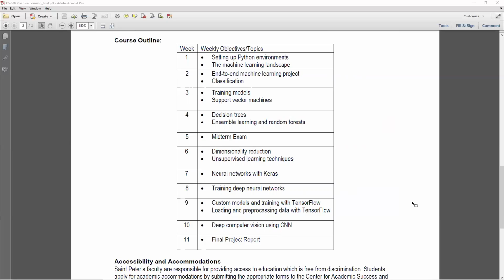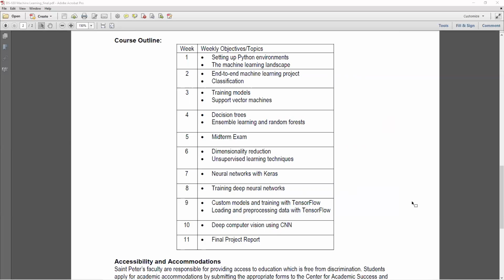For the second week, you should be looking at the end-to-end machine learning project. At the end of the semester, what you really need to do is know how to build an end-to-end machine learning project. And then on top of that, I put in classification, which is one of the algorithms in machine learning that you should get started on and get a handle on.